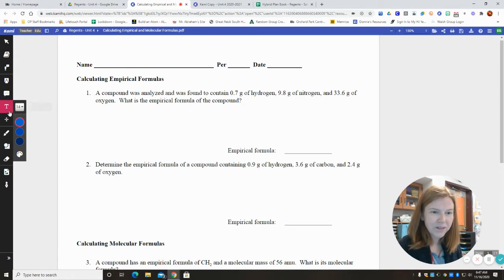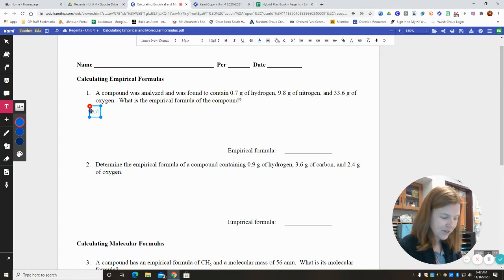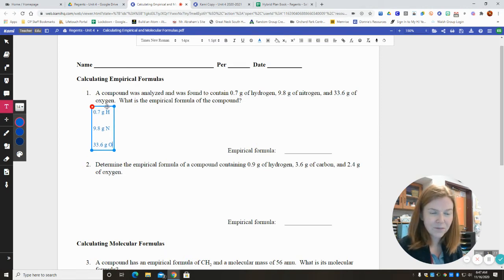Problem number 1 says a compound was analyzed and found to contain 0.7 grams of hydrogen, 9.8 grams nitrogen, and 33.6 grams of oxygen. What is the empirical formula? Now remember, an empirical formula is a mole ratio.